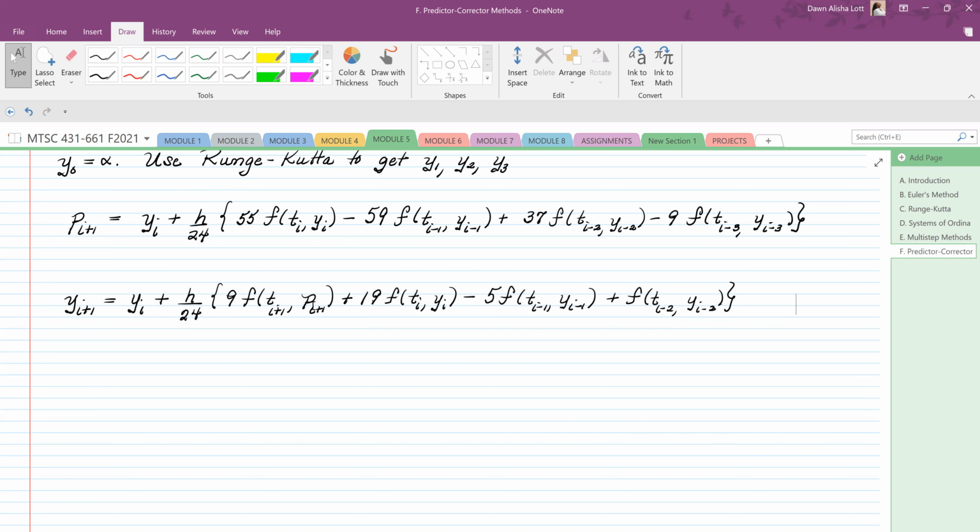Now, the derivation of these is really amazing. We use Newton's backward difference formulas and all other kinds of things that we learned at the beginning of the course in order to derive these schemes, but I don't have time to go through all that beautiful stuff, or even talk about stability.